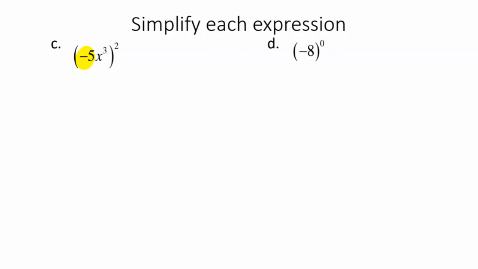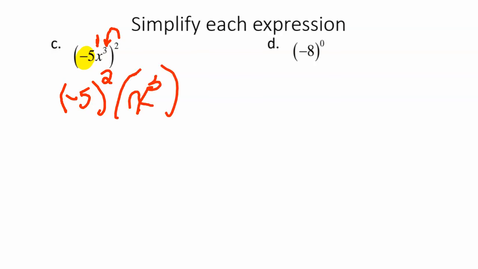This is saying -5 times the power of 1 is giving me 2. 1 times 2, and then this 2 is multiplying by the 3, which is giving me x cubed times 2.